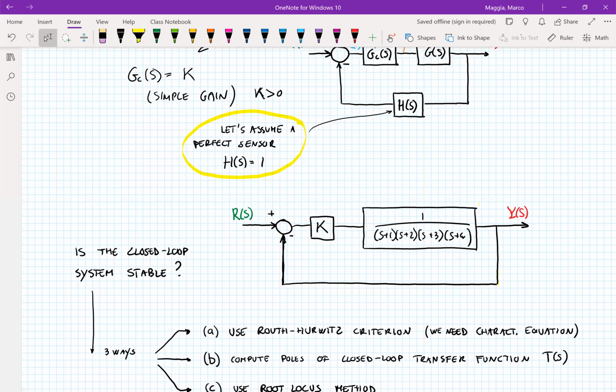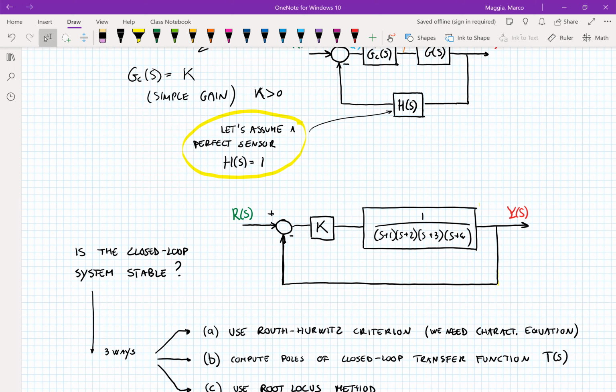And now the question is: is the closed loop system stable? Because we don't really know. By closing the loop, even if you started with a stable system, as it was, because it had poles at -1, -2, -3, and -4, the poles travel away from their original location, as we saw for a second order system. So here we have 4 poles that we start from.